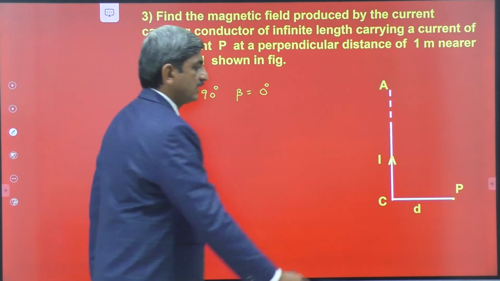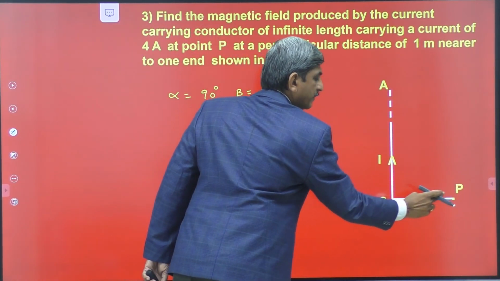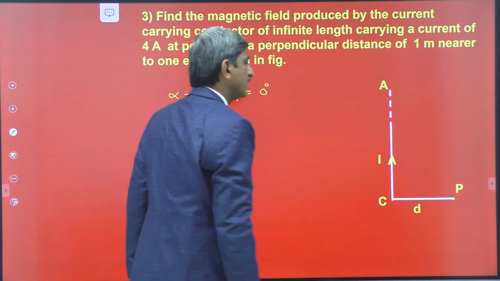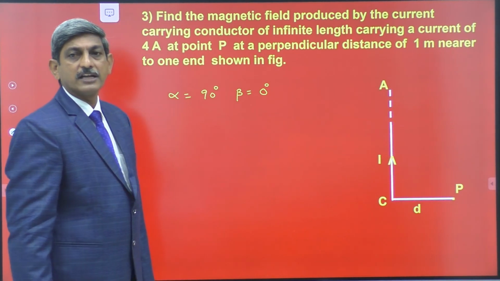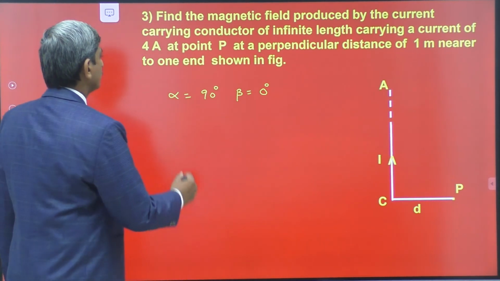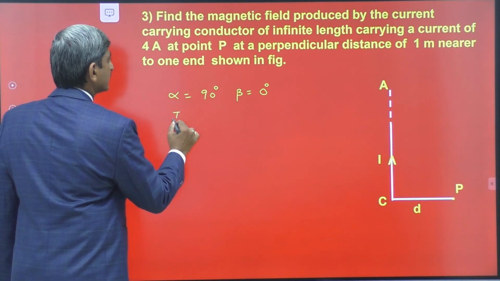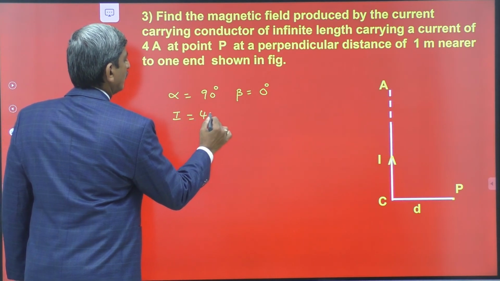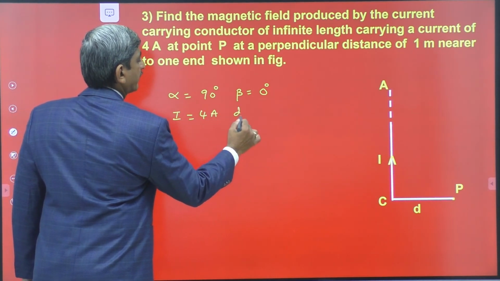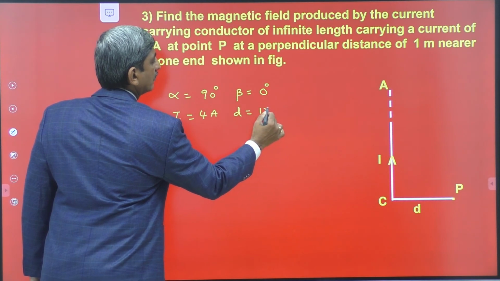Why? Because this point P is at a perpendicular distance of D from the bottom end, so that the elevated angle beta is equal to 0, and the current is given as I is equal to 4 amperes and the perpendicular distance D is equal to 1 meter.